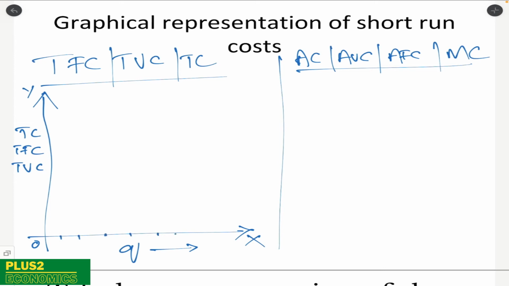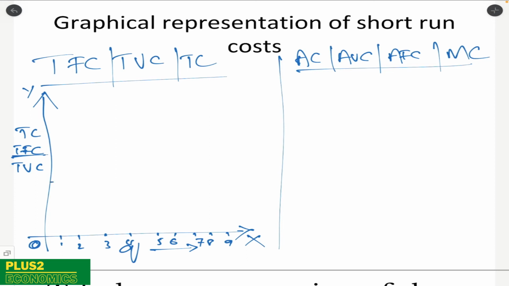So let us understand one thing. Irrespective of the output, whatever may be the output, may be 0 or output may be 1, 2, 3, 4, 5, 6, 7, 8, 9, output can be anything, fixed cost remains fixed. Say a rent for 11 months or 18 months or 24 months based on the agreement, it remains fixed.